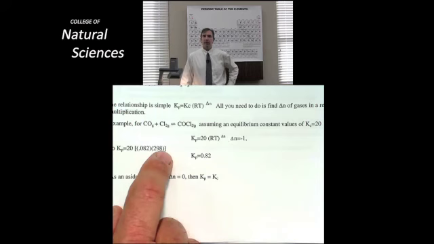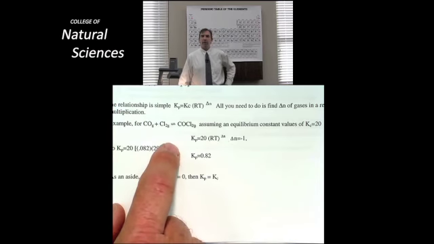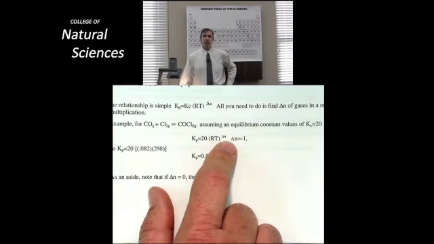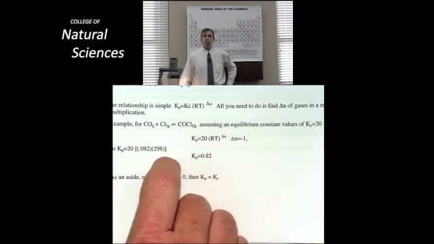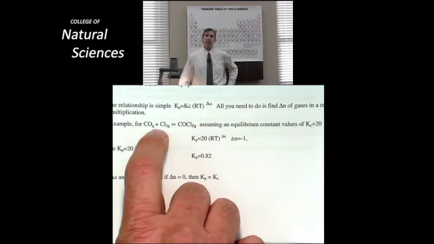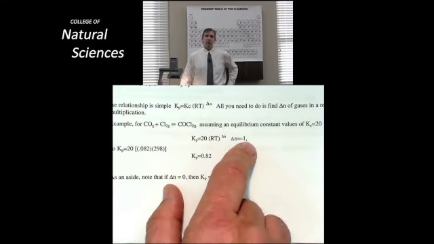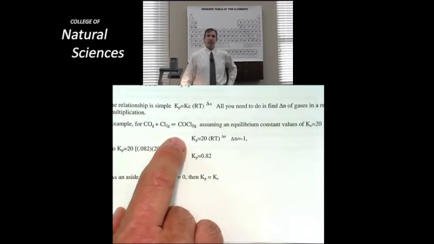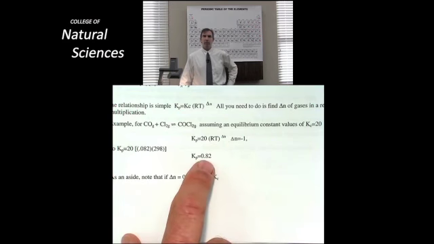And then I need to raise that to delta n. Delta n is the change in the number of gas molecules here. And you see that the number of gas molecules is 1 at the end, 2 at the start. So this is raised to the minus 1 power. So this is 20 times 0.082 times 298 to the minus 1. And the answer is that Kp is equal to 0.82.